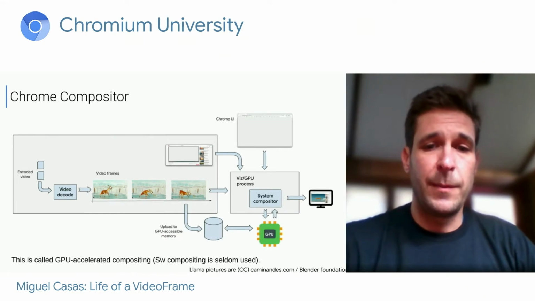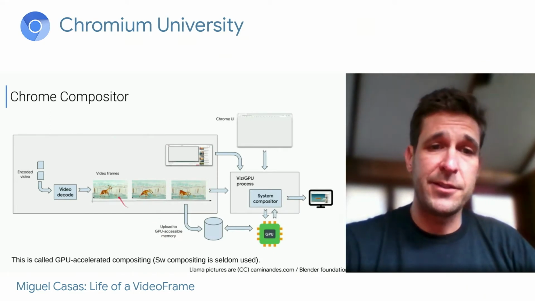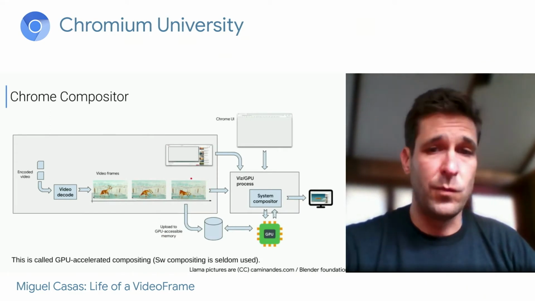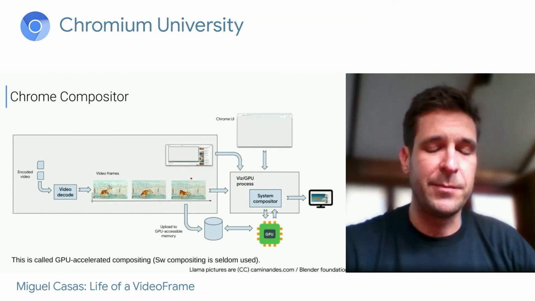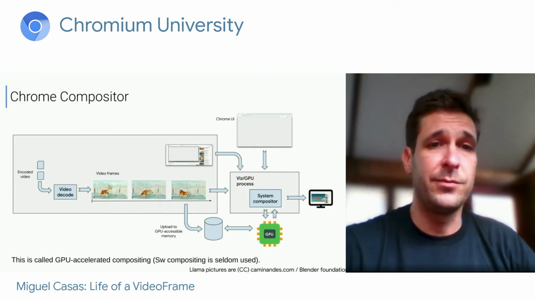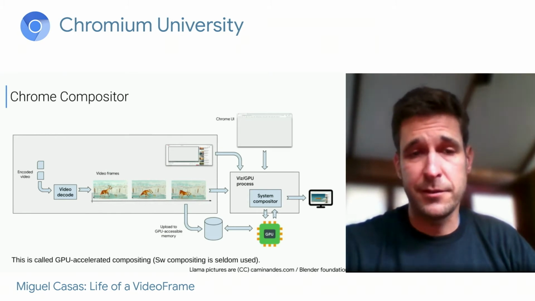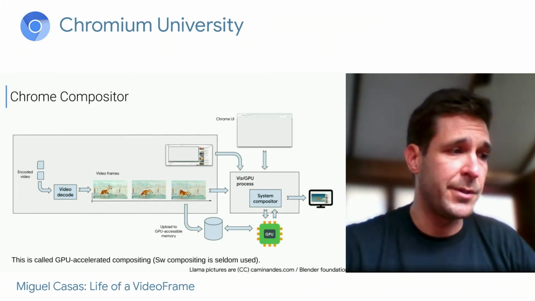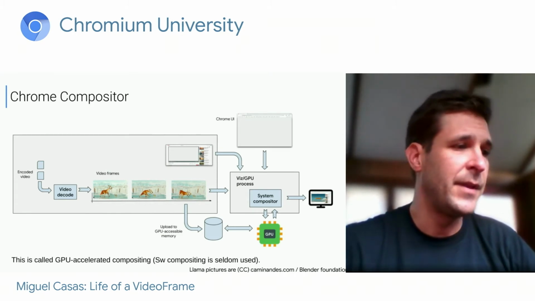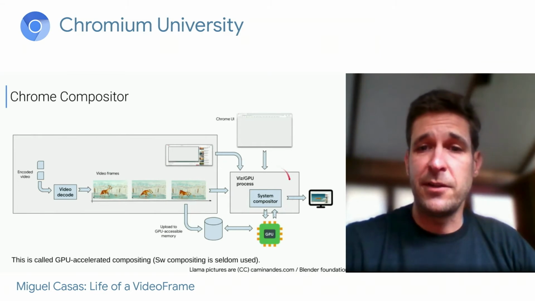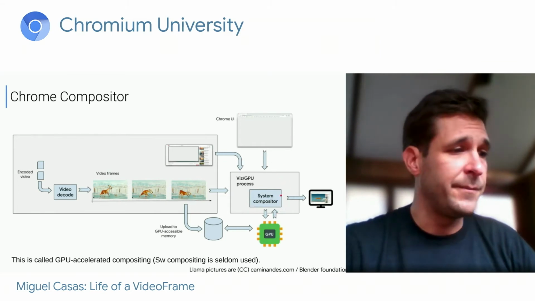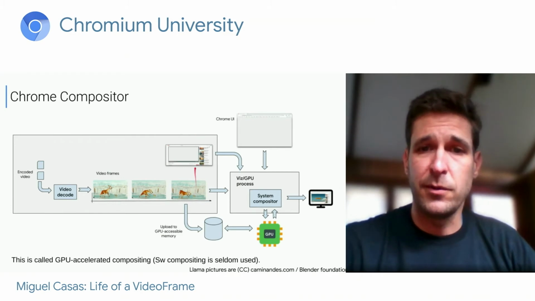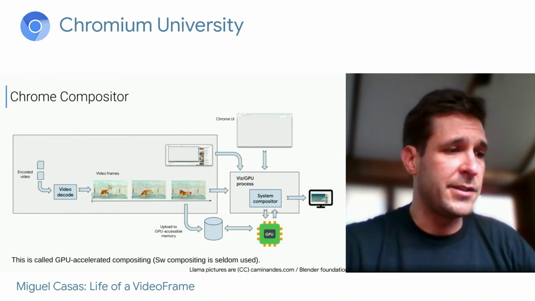Okay, so now we have this series of decoded video frames, and what happens now? We have to put them on the screen somehow. For that, we have the Chrome Compositor, also called System Compositor or Display Compositor. It is a subsystem in the GPU process that we mentioned before that takes all these inputs like the Chrome UI and the layers of the screen and all that stuff.